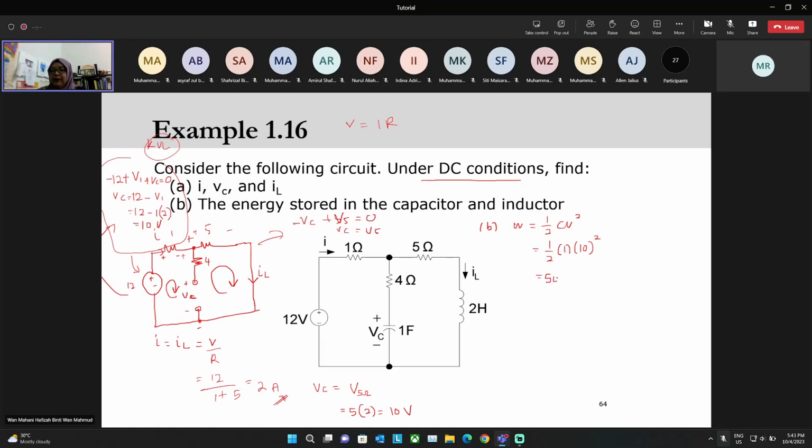Divide with 2 is 50 unit joule. Same goes to energy stored in the inductor, 1/2 Li square. So 1/2 L dia 2 Henry, I dia IL.